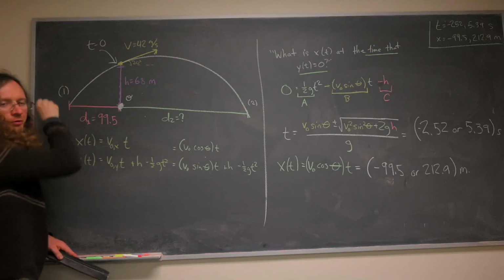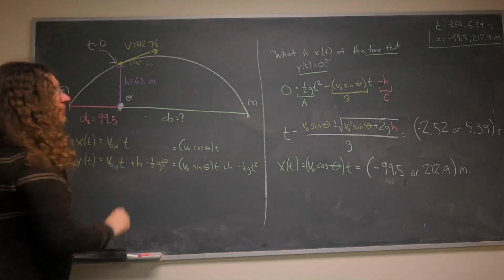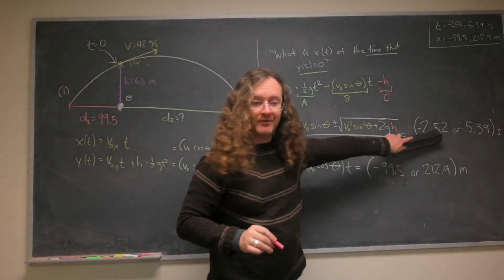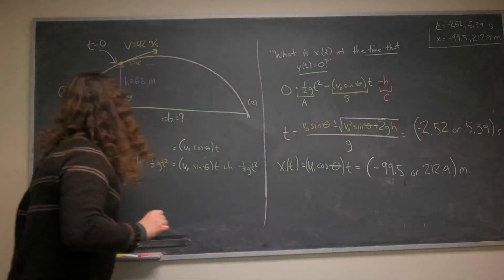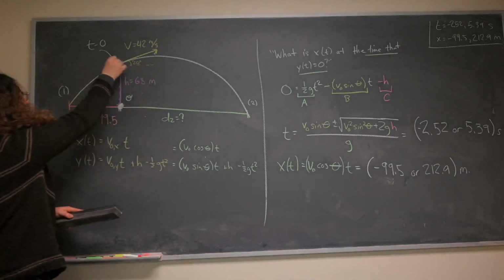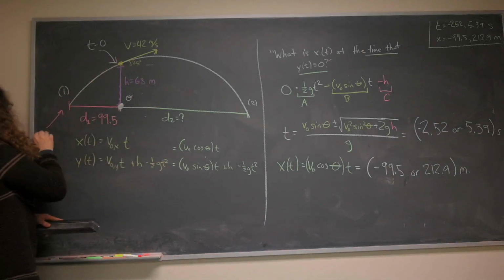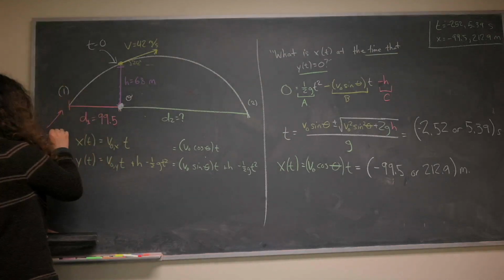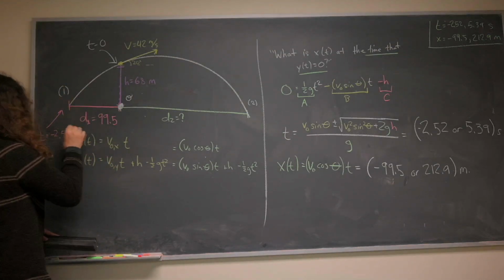Our snowballs were thrown from, not snowballs, water balloons. Our water balloons were thrown from a point to the left of the origin at a time before when our photograph was taken. Right? T equals 0 is here. This point is t equals, what was it? Minus 2.5 seconds.